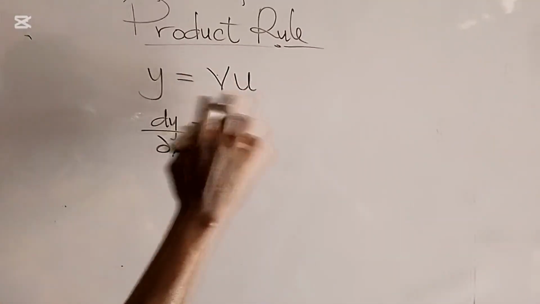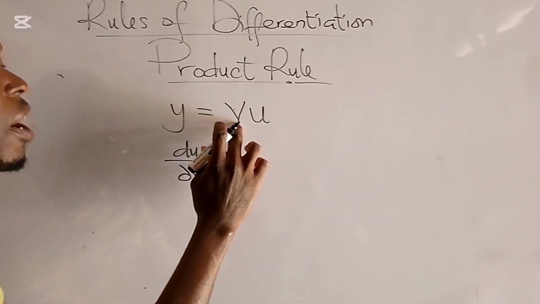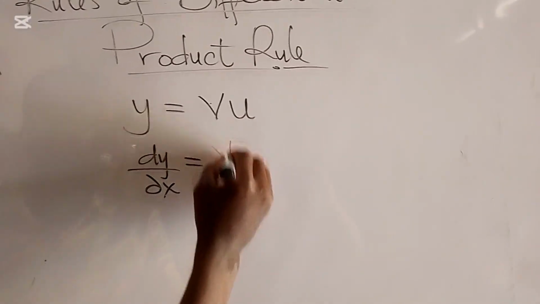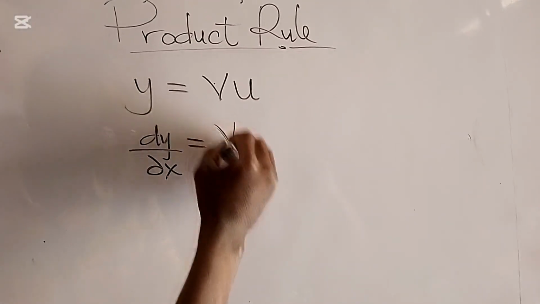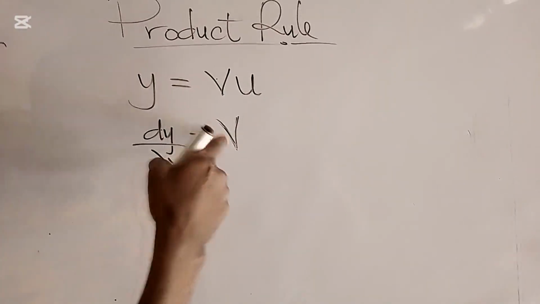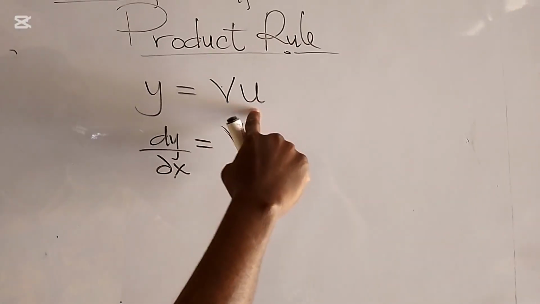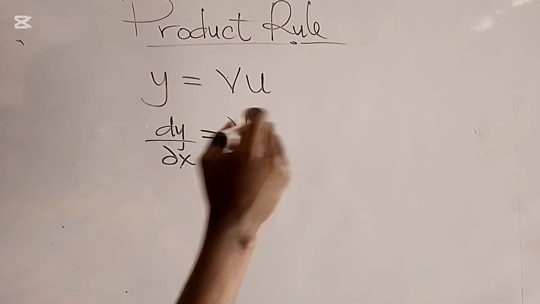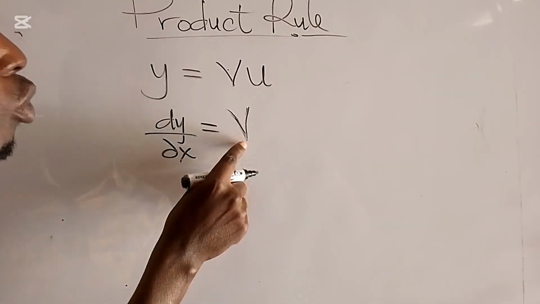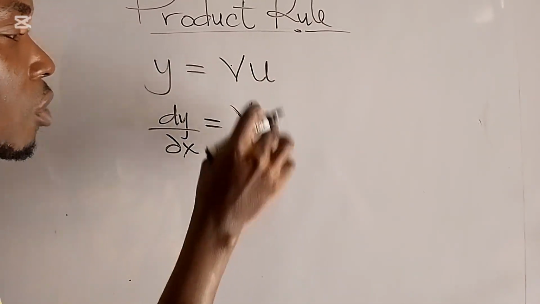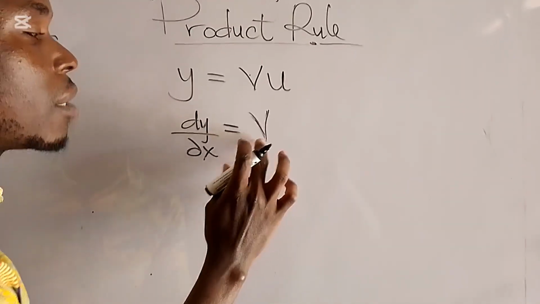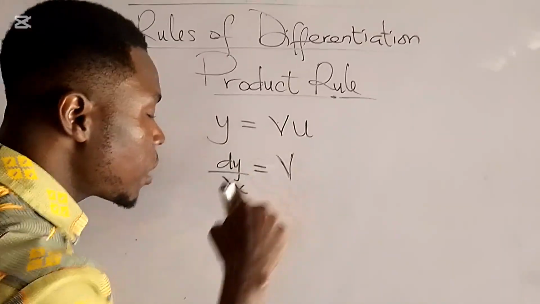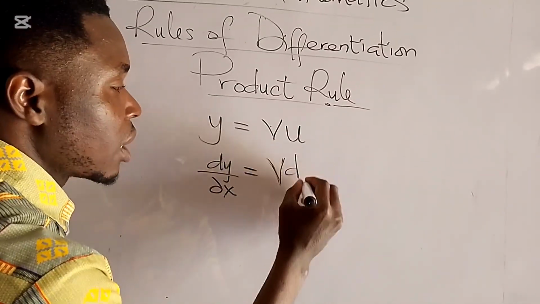So now, the first variable is v. So we hold v and we differentiate u with respect to x. Since you hold v, you differentiate u, and whatever you get, you multiply it with the v. So when you differentiate u with respect to x, you get du over dx.